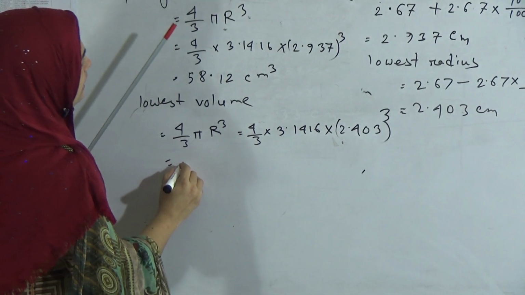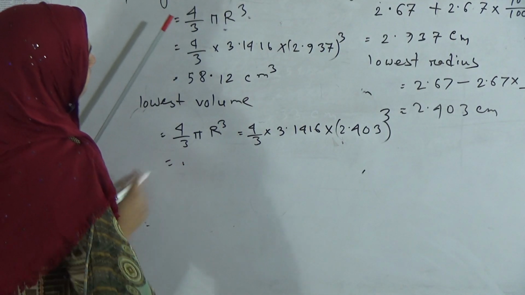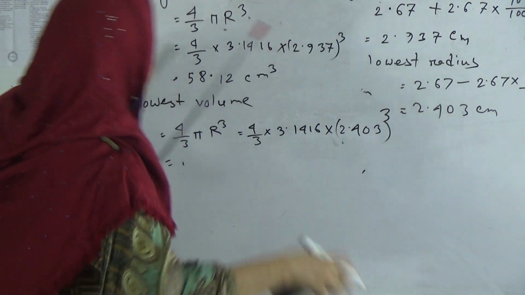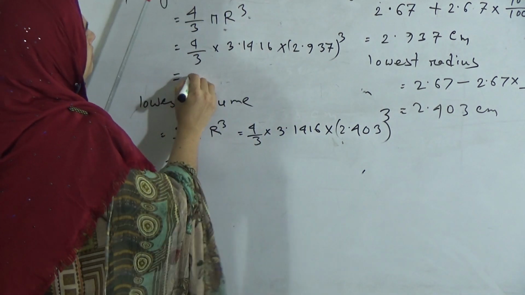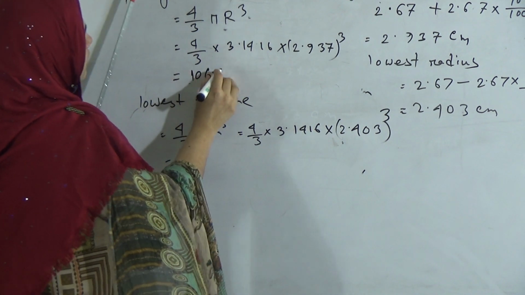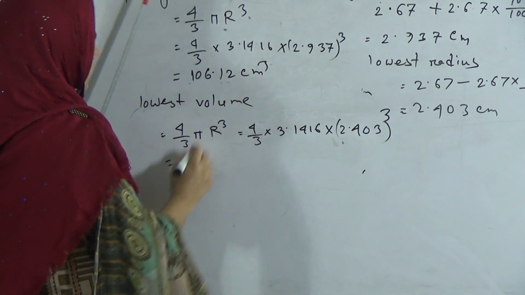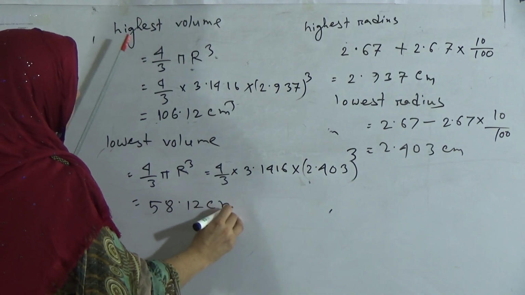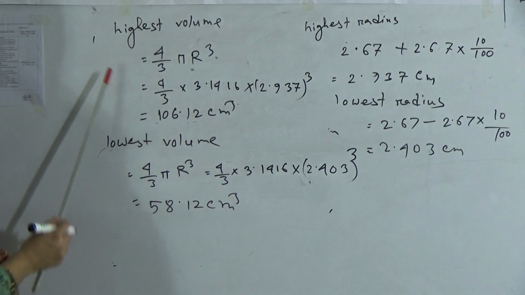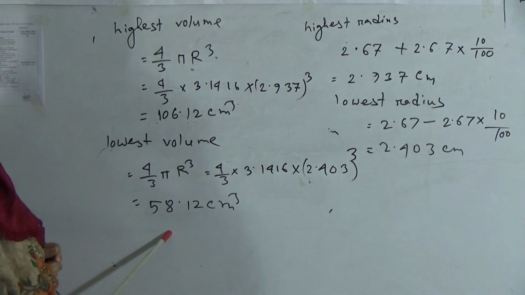So by doing this calculation, my dear students, here is a mistake, sorry, it will be 106.12 centimeter cube for the highest volume, and 58.12 centimeter cube for the lowest volume. Okay, this is the highest volume and this is the lowest volume of the marble.